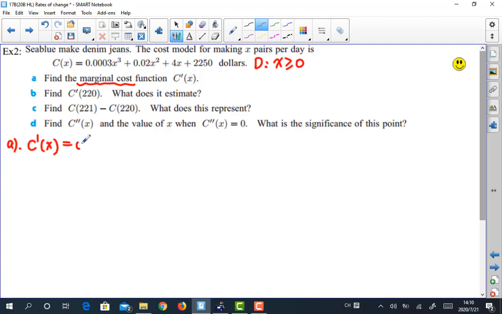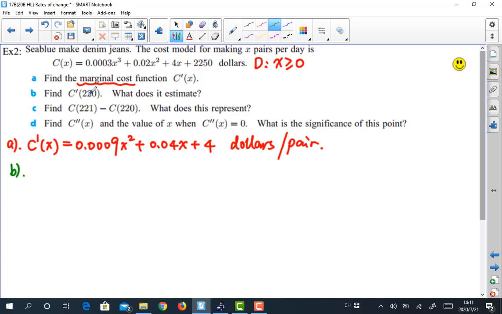C prime X should be 0.0009x squared plus 0.04x, then plus $4 per pair. So you need to remember C prime X is the rate of change, dC over dx.